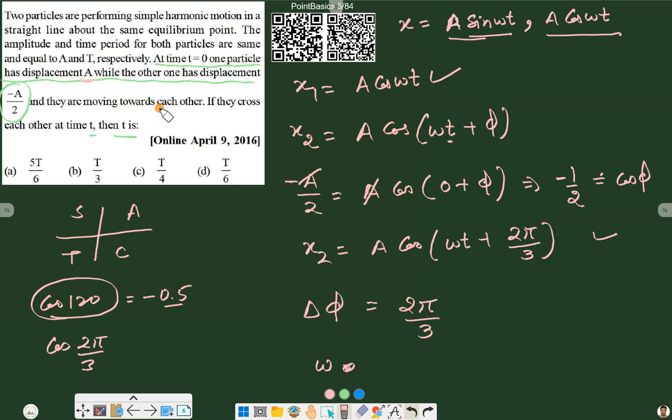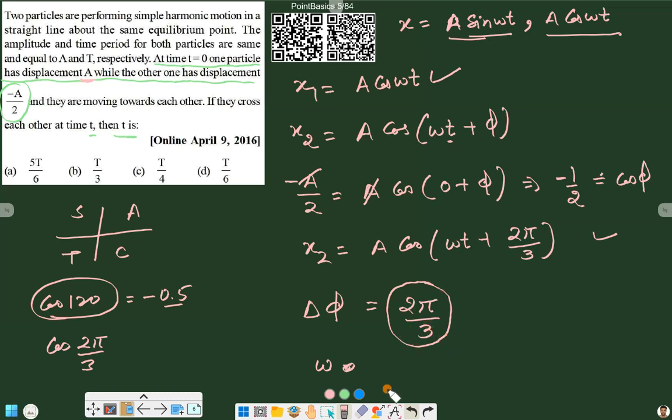If they cross each other in time t, then to meet each other they have to cover this phase difference. This angle has to be covered between both of them.